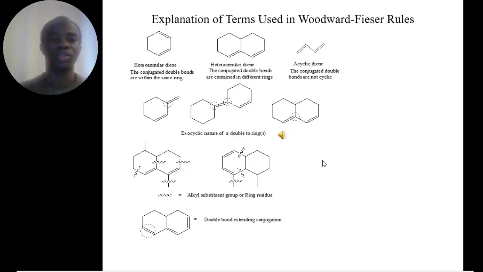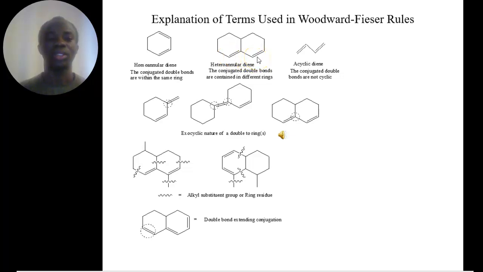From the previous video I've explained some of the terms that are used in computing the maximum wavelength in Woodward-Fieser's rule. One of them is homoannular diene, where you have two double bonds within the same ring. And you also have heteroannular diene, where you have the two double bonds inside different rings.